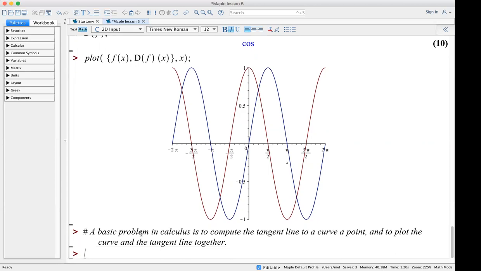So you remember the equation of the tangent line to a curve at a point.